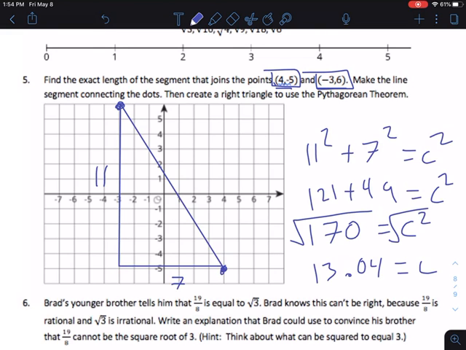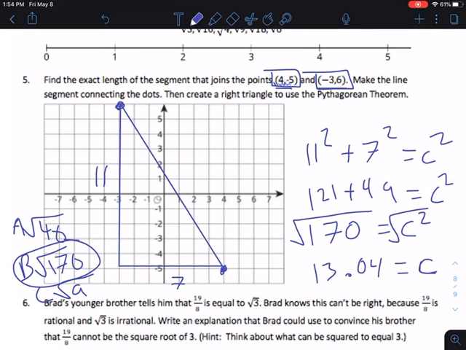Now on the test, it will be multiple choice. All right, so you will have options to pick from, and you're picking whatever would be closest to your answer. Okay, so if for this problem they're like, oh, root 40 is A and B is root 170 and C is the square root of 9, you would pick B, all right?